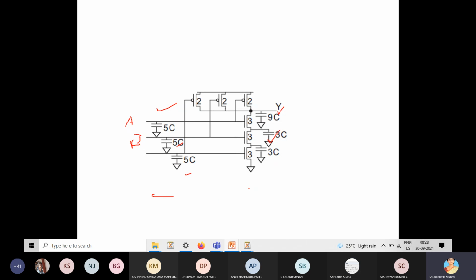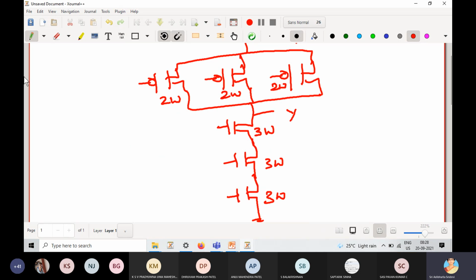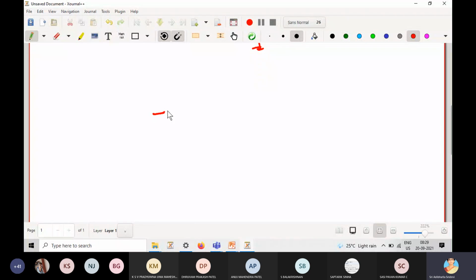Now we have to find out the rise time as well as the fall time. The rise time and fall time depend upon the input combinations.